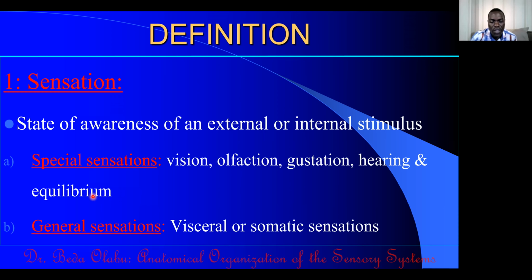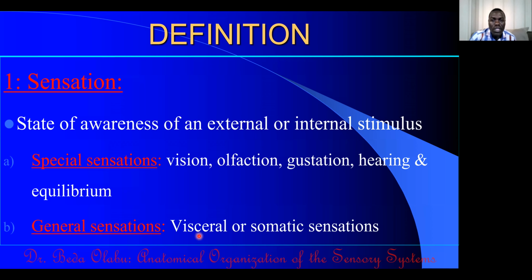These general sensations can further be classified based on where they are detected from. Those which are detected from visceral organs, from internal organs, such as maybe you are detecting from the stomach, are called visceral sensations, as opposed to the ones you are detecting from maybe the skin, which are called somatic sensations. So what are examples of visceral sensations?